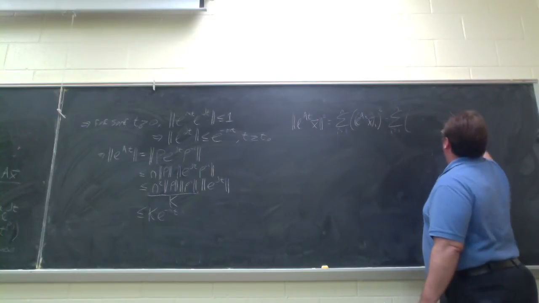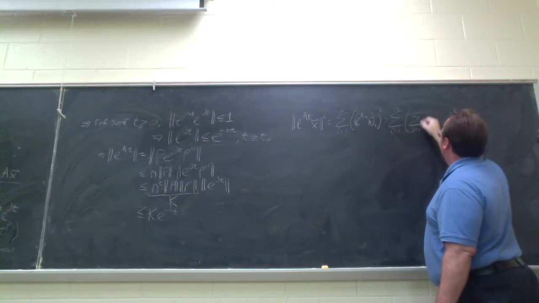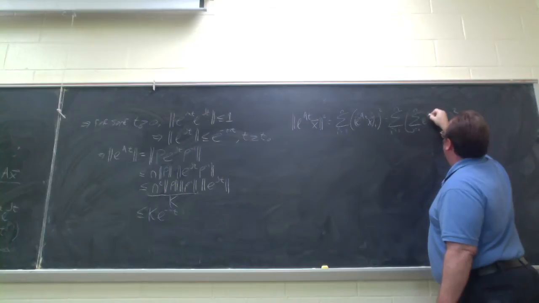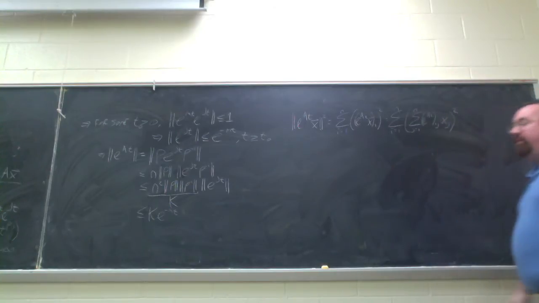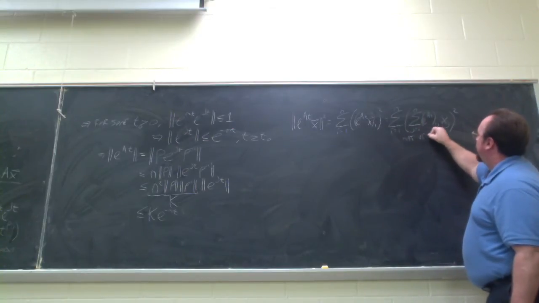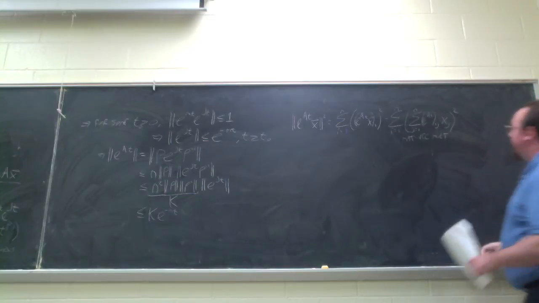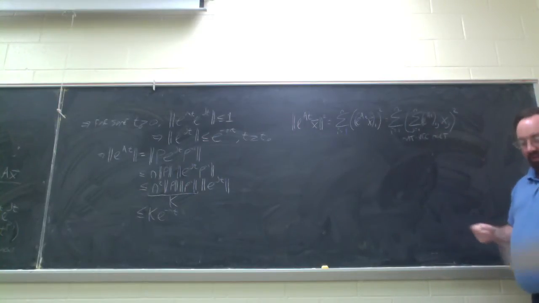So this entry of this matrix vector product is the sum over j equals 1 to n of e to the At, ij, times xj. That's just the definition of matrix vector multiplication. Now, here we have individual entries of e to the At, squared.